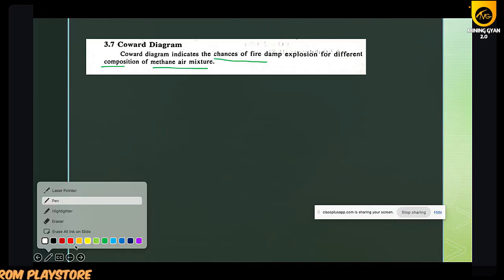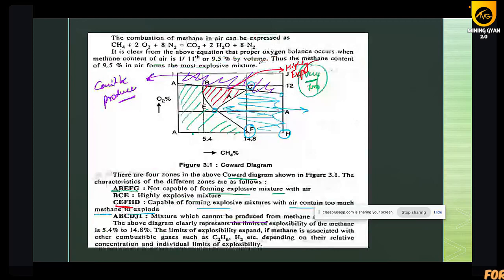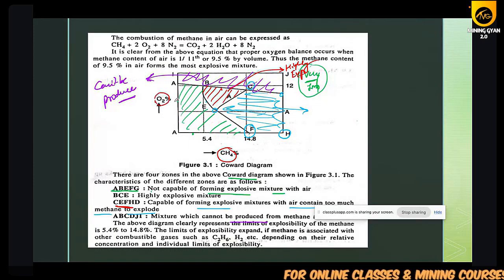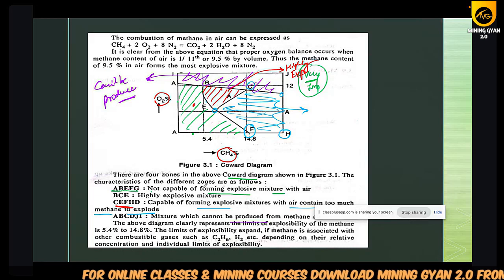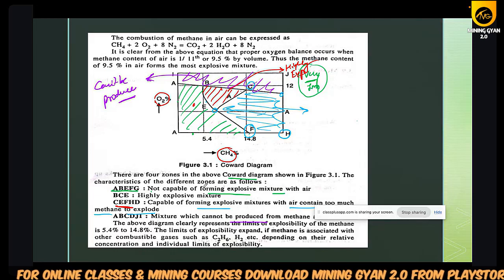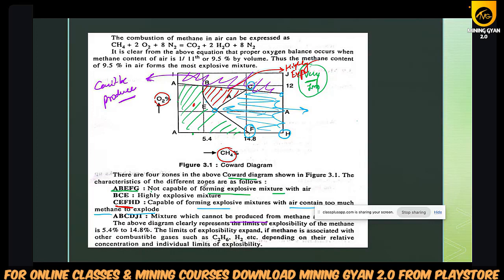It gives us the chances, the probability. In the diagram, where your CH4 and O2 percentages are given, if your common point is in this area, then it is not capable of forming an explosion, because you do not have enough O2 and CH4. That means the oxygen and CH4 percentages are not up to the mark, so it is not capable of forming any explosive mixture.